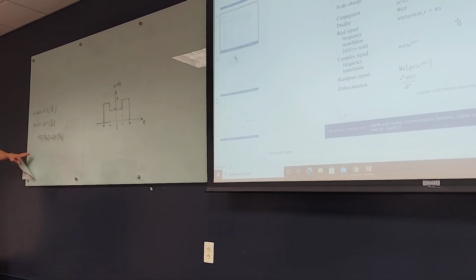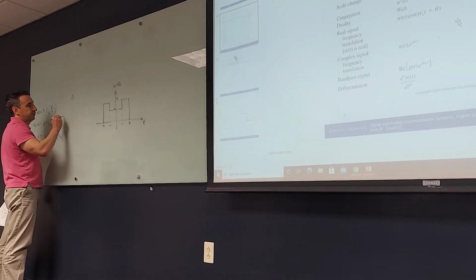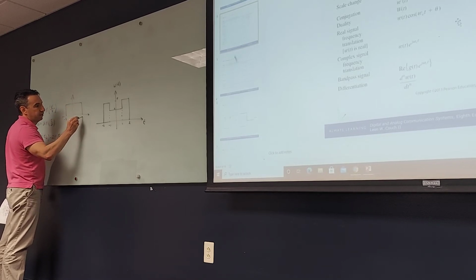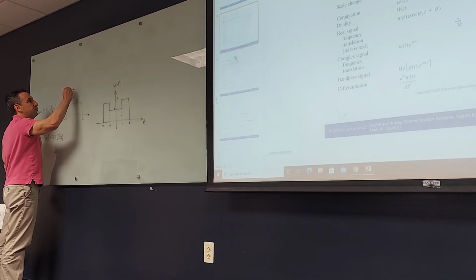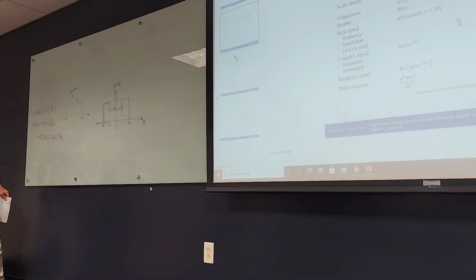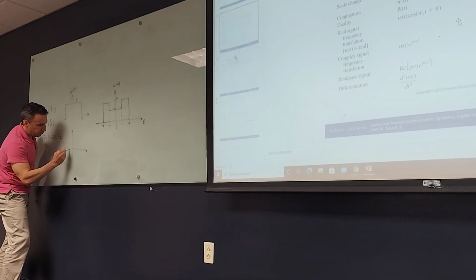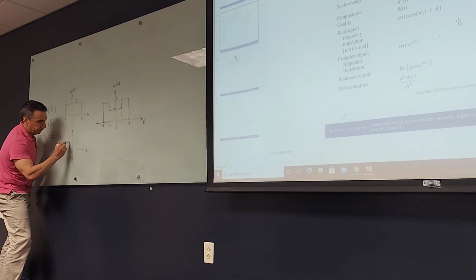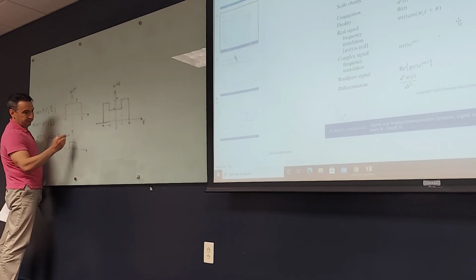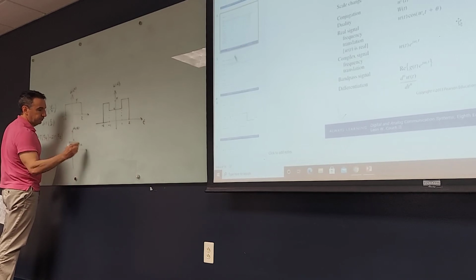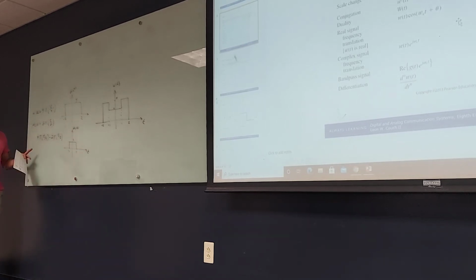So if you have a pulse like this, with amplitude 4 and duration 4, and you have another one with amplitude 2 and duration 2, if you subtract one from the other, you will get that, right?